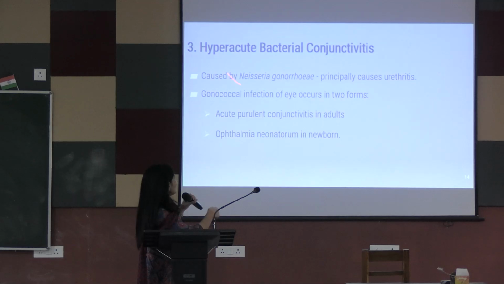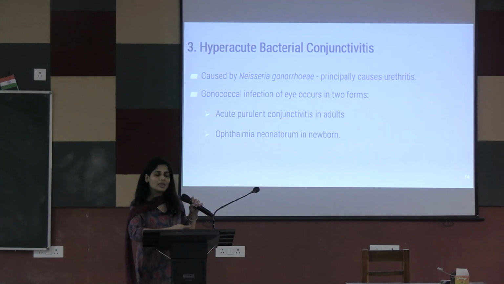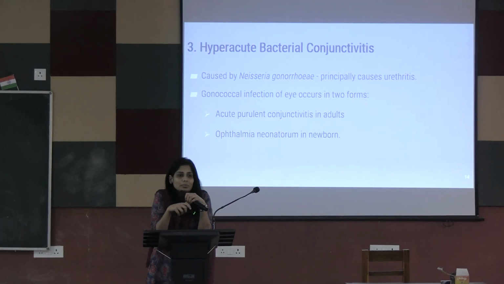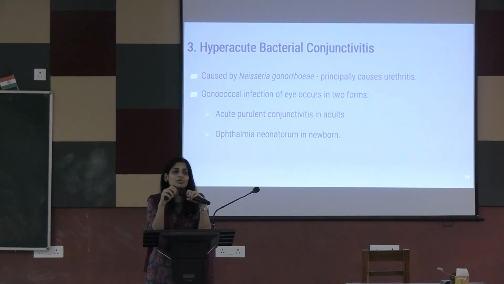Then hyperacute we already saw, it's Neisseria gonorrhoeae and it can occur in two forms. In adults you can see acute purulent conjunctivitis that we discussed. What else can be there? Ophthalmia neonatorum. How does this happen? As the name suggests, neonatal. It occurs about 2 days after delivery from the mother's birth canal.